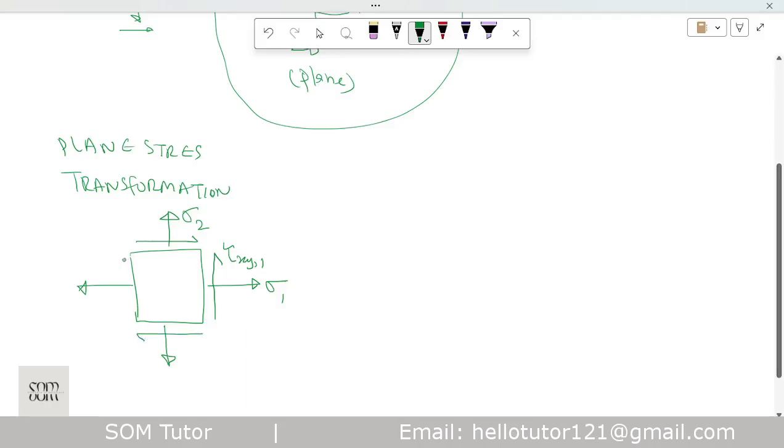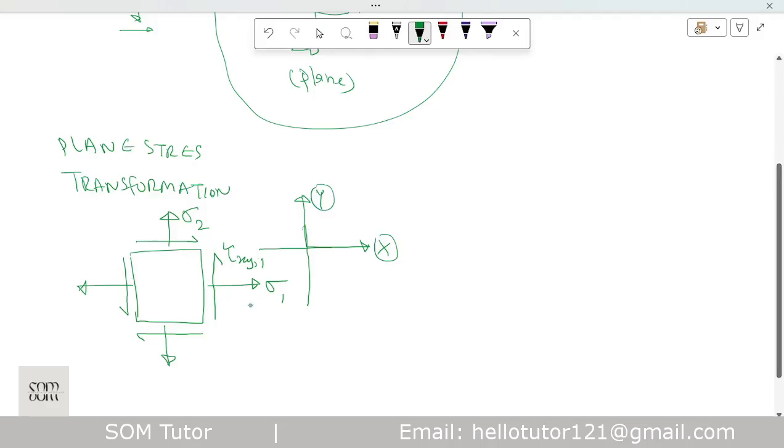They will be all equal. Now how do we get this? For example, let us say the axis was like this. This is the x-axis and this is the y-axis, and in this coordinate system the stresses are this.